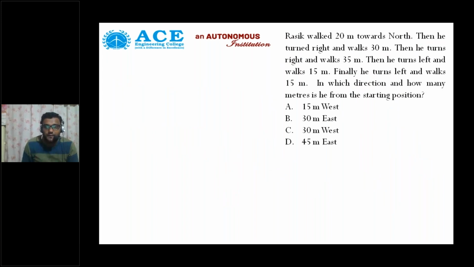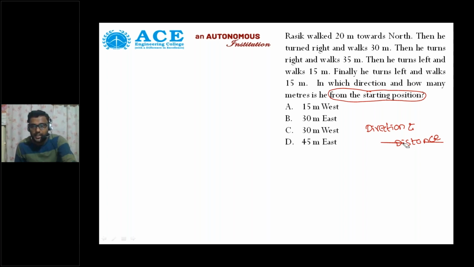Now from starting position, this is the exact question related to the direction and distance. What direction and what distance from the starting position? Direction and distance related question, clearly they mentioned here.